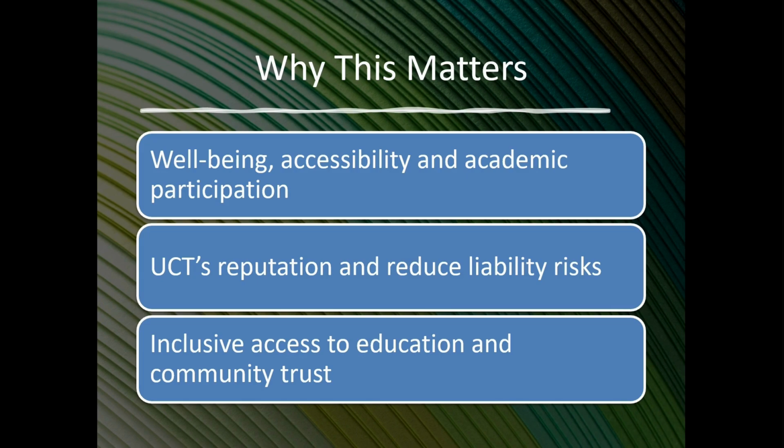UCT's reputation also can be damaged if the students' safety is not good, and having good safety for students can reduce the liability risk for both students and UCT. Inclusive access to education and community trust can be earned by ensuring that student safety is taken into consideration.